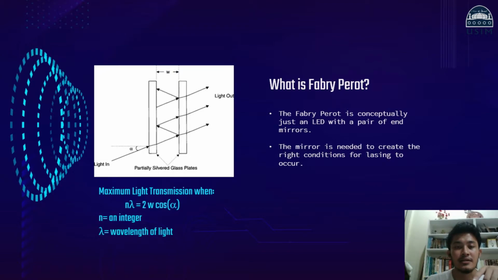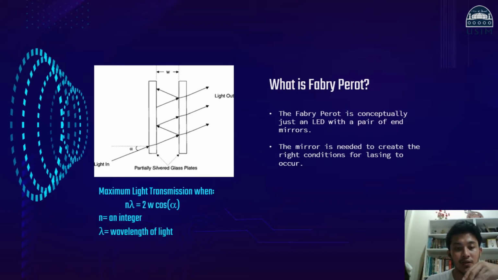And then this is the figure which illustrates the Fabry Perot cavity. You can see where the light enters on the first mirror, it will reflect, and some will just go through the second mirror, while some part will reflect back and go through the second mirror.